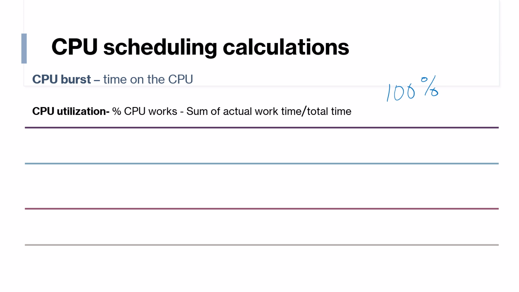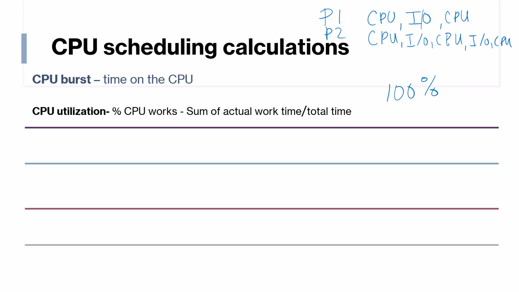We will have more complicated exercises where you have a process that does a CPU burst, then goes out to I/O, then has another CPU burst, and then you have another process that does a CPU burst, goes to I/O, does a CPU burst, goes to I/O, does a CPU burst. This would make things more complicated, and because there's so much happening, you may not have 100% CPU utilization.